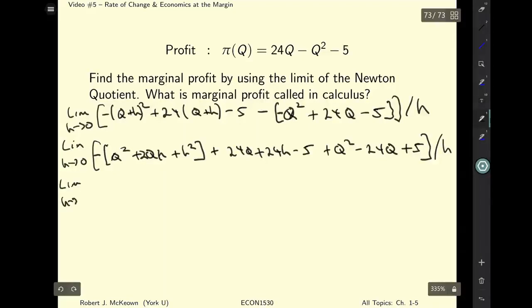Rewrite my limit. And I can see that my negative q squared is going to go away. Let me check that I've got the right middle term. Oh, no, I was right. 2qh, just like that.